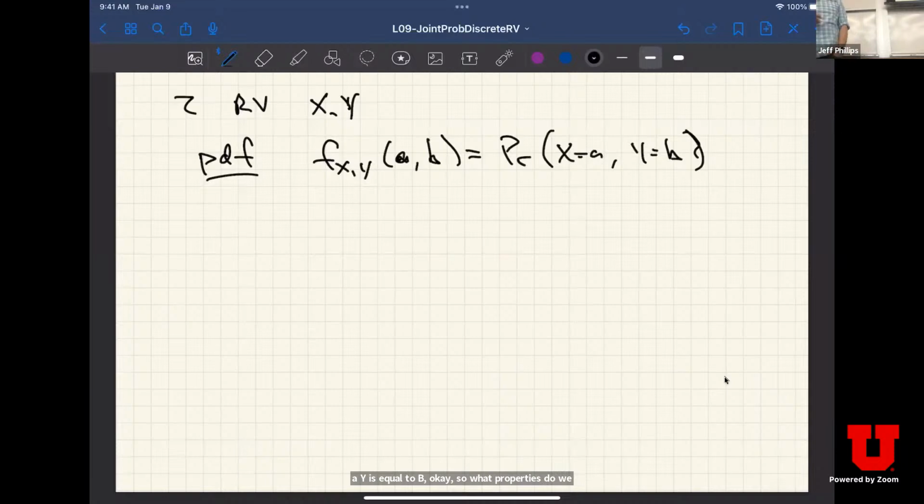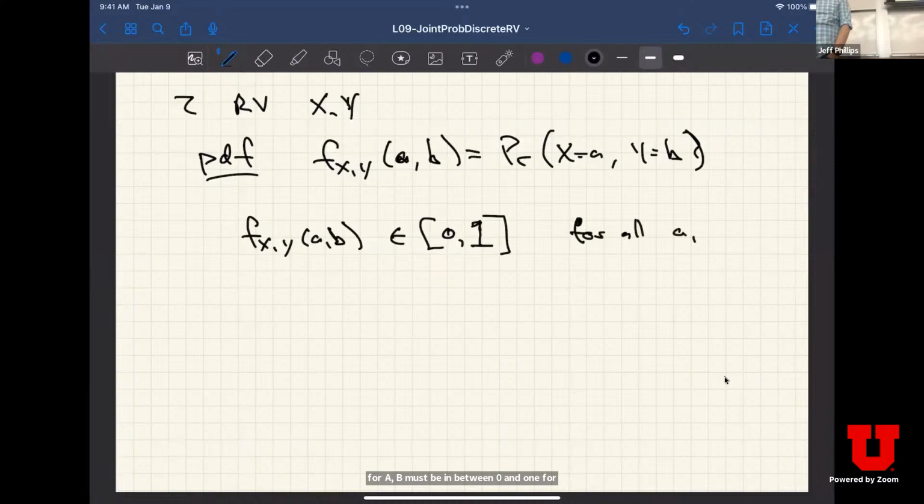Well, it's a probability. So we have that F of X, Y for A, B must be in between 0 and 1 for all A and B. So for all possible values A and B I can put in, that function for discrete random variables has to be between 0 and 1.